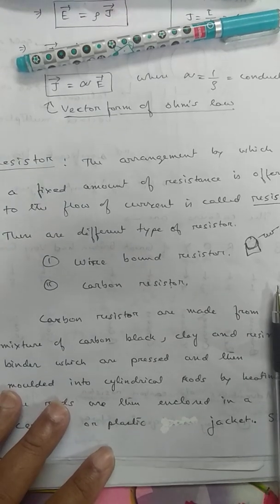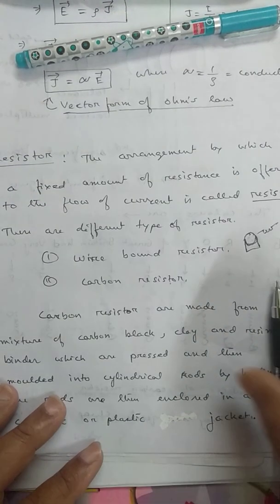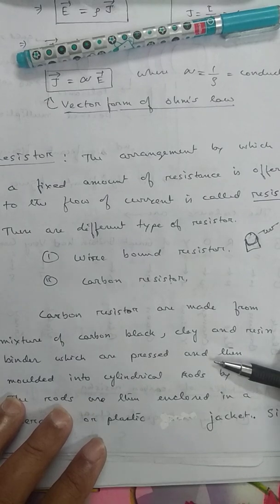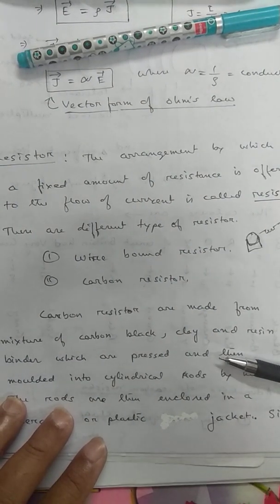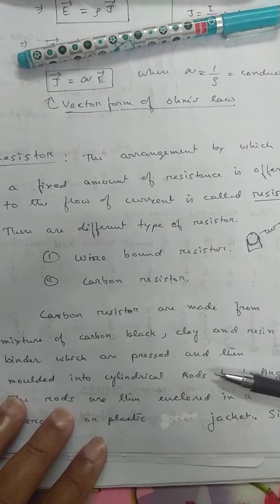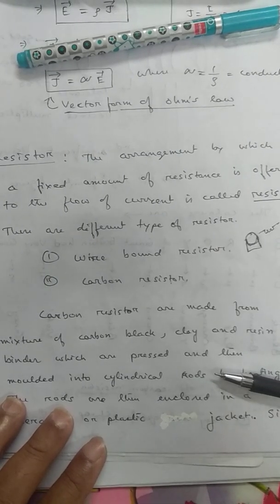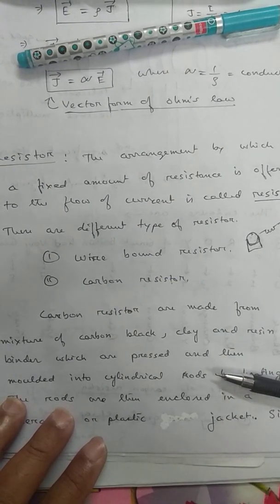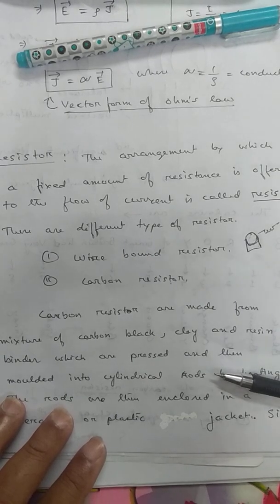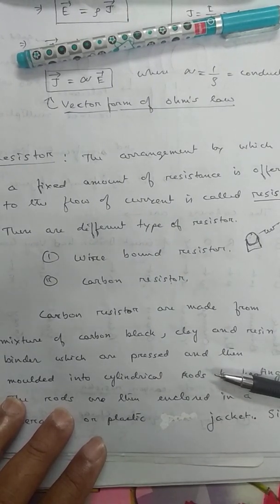But since their sizes are very small, it is very hard to represent the value of resistance on the body of the carbon resistor. The value of resistance of a carbon resistor is represented by a combination of 4 colors.